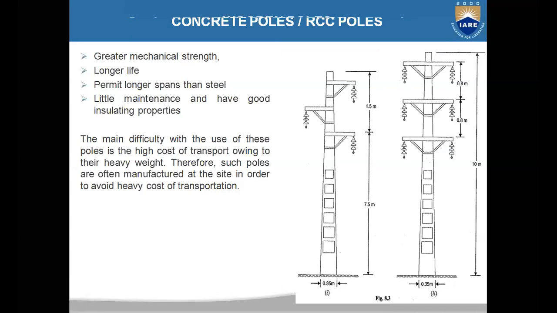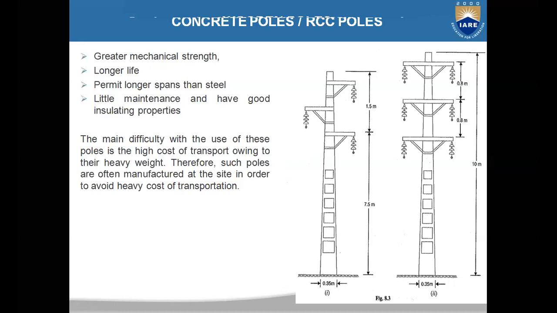So if you take the steel towers, you have to paint, you have to always galvanize those towers. That means with paint. Okay, so paint you have to always maintain, right? But it is not required for these concrete poles. Okay, the main difficulty with the use of these poles is the high cost of transportation. Generally these concrete poles are heavy, so transportation is not practical.